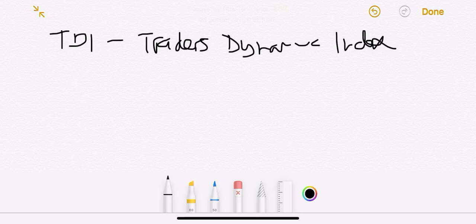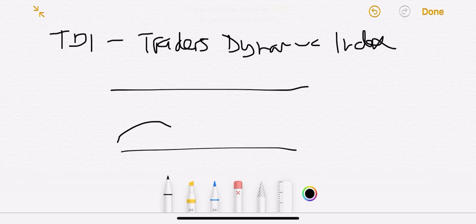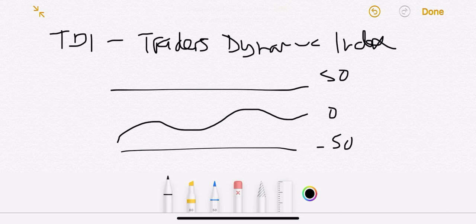A TDI is very simple. If you have seen how an RSI looks like, an RSI has maybe 2 levels or 3 levels, depending on the values that you would want to work with.